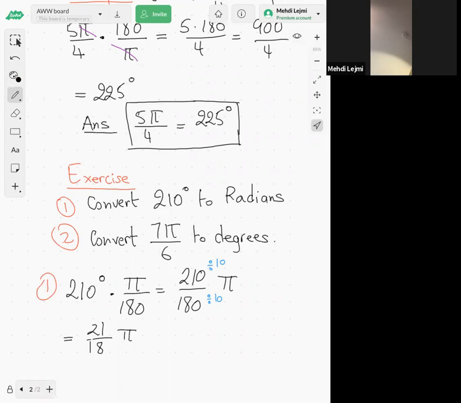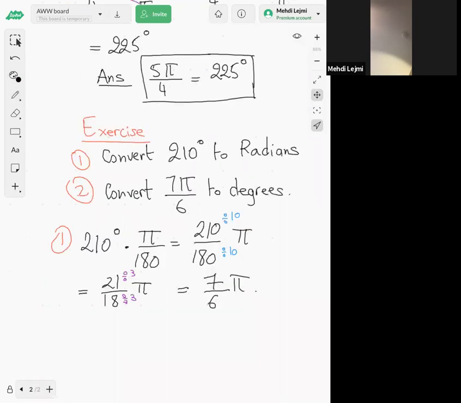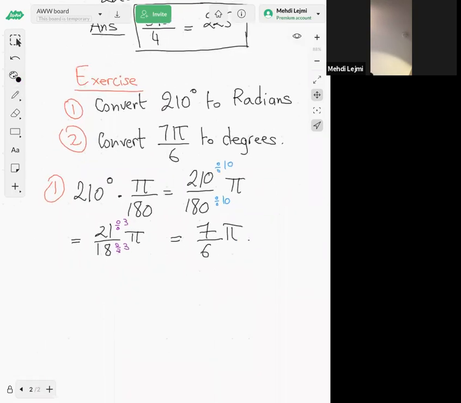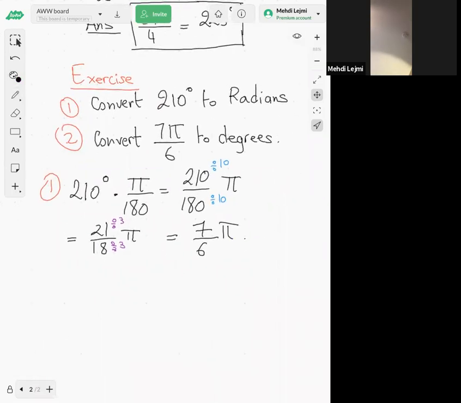We can still divide by 3, so that would be 7 over 6 pi. Of course 7 and 6 don't have a common factor, so I cannot reduce 7 over 6. That's the final answer. So this 210 degrees is actually 7 pi over 6.